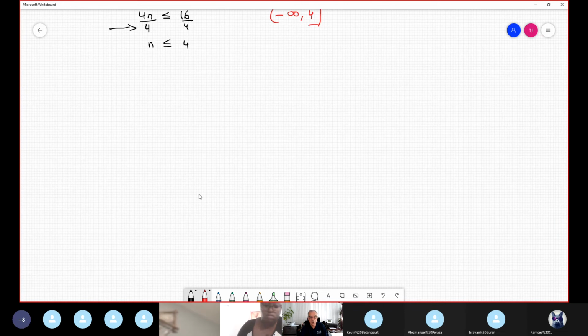The inequalities that we have been solving so far are single, because we have a left-hand side and a right-hand side. But sometimes we have a three-part inequality like that. Look, 8 less than 4x less than or equal to 24. Wow, it's three parts. Look at that. 1, 2, 3 parts.